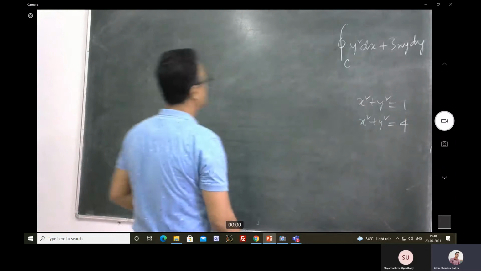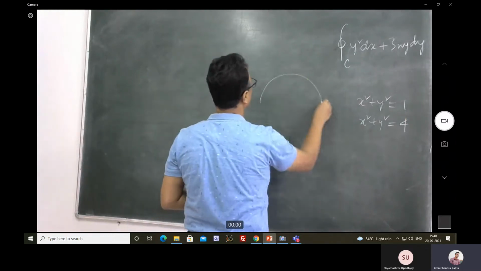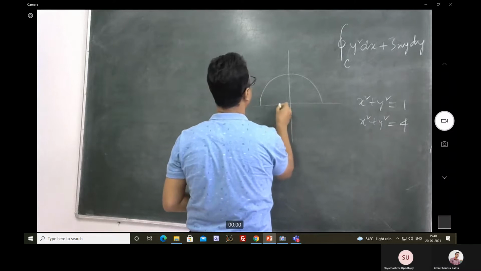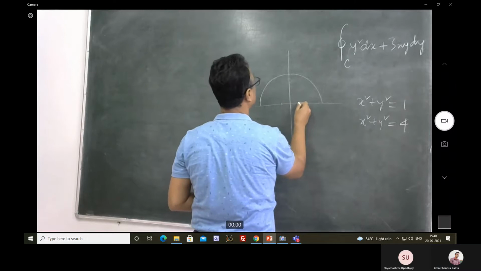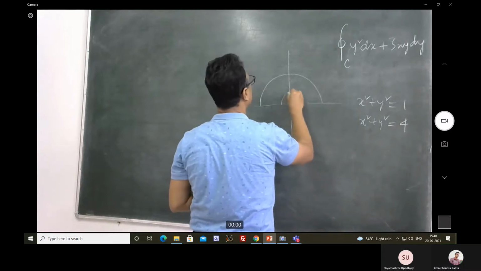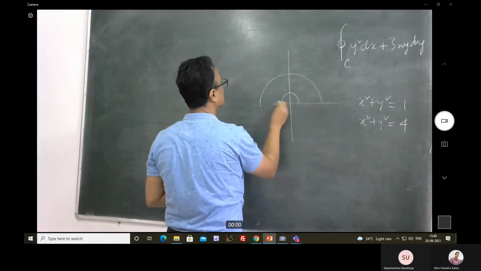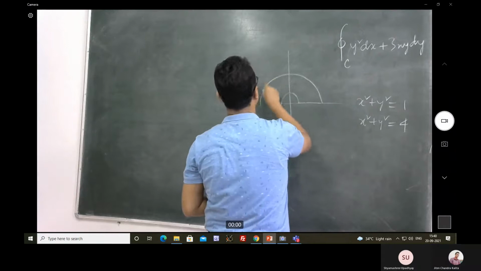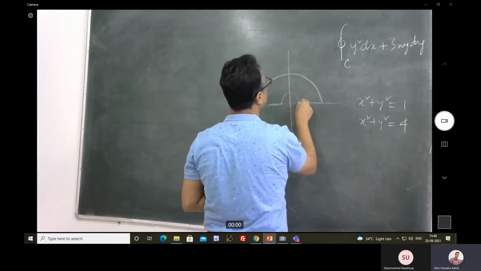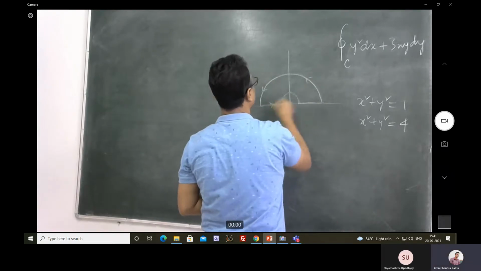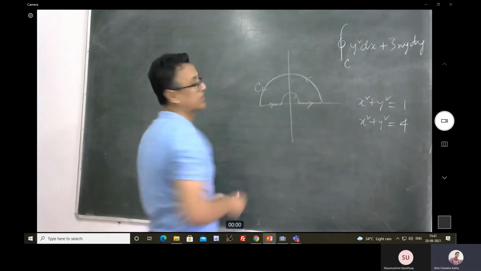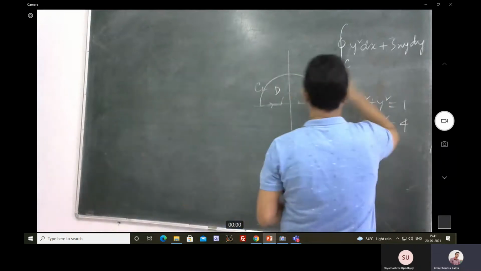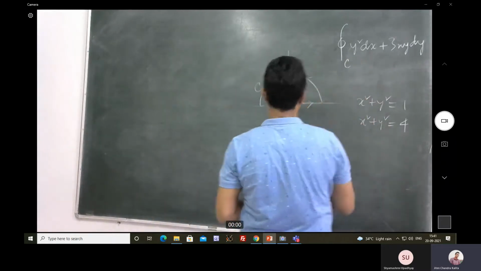So this green curve is my C, and this is my region D. You have to perform the line integral for this curve.